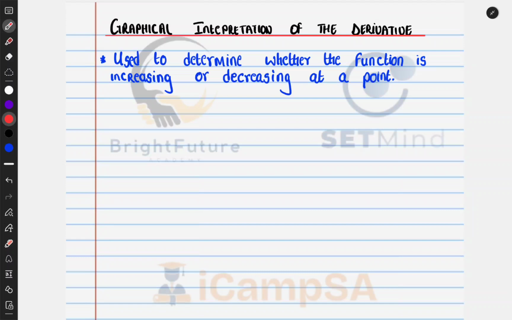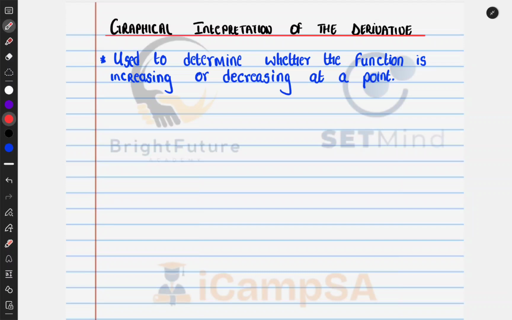So we said we can use the derivative to determine whether the function is increasing or decreasing at a point. Whether we have a negative or a positive derivative can tell us whether the function is increasing or decreasing at a specific point.